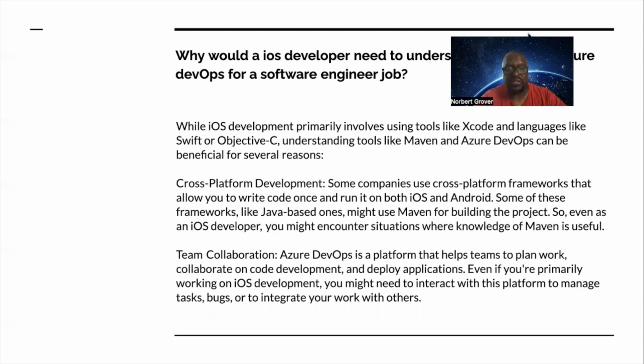Two, team collaboration. Azure DevOps is a platform that helps teams to plan work, collaborate on code development, and deploy applications. Even if you're primarily working on iOS development, you might need to interact with this platform to manage tasks, bugs, or to integrate your work with others.